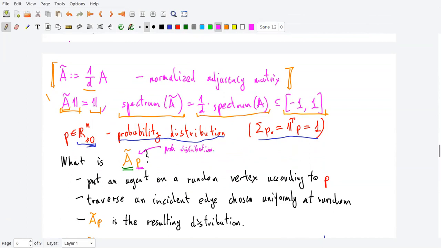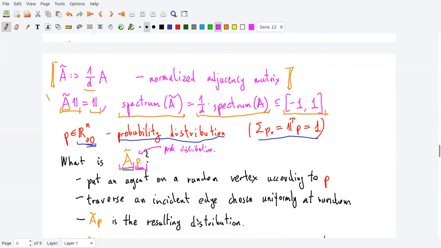And you can understand it combinatorially as follows. Taking vector P corresponds to a random experiment where I put an agent on a random vertex of the graph according to the probability vector P. I sample a vertex like that. And then multiplying by this normalized adjacency matrix corresponds to: I look at my agent, pick one of the incident edges uniformly at random, each with probability 1/d, and traverse this edge.